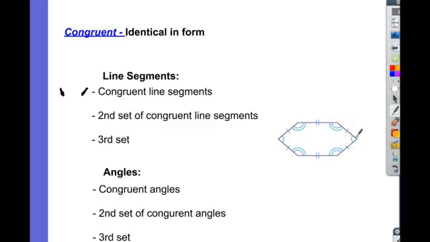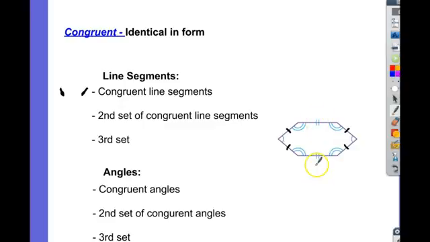How do I know that though? Well, I know it because I have one line going right here, one line going right here, one line going right here, and one line going right here. Now I can't count these 2 line segments, okay? These 2 sides, they're a different length. So I have to look at them. But if I look at them, they are congruent.